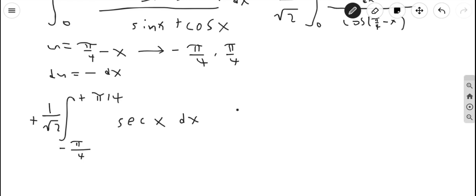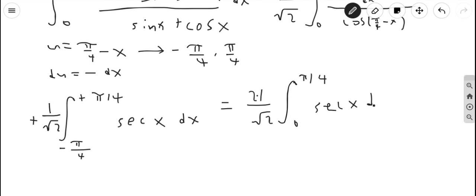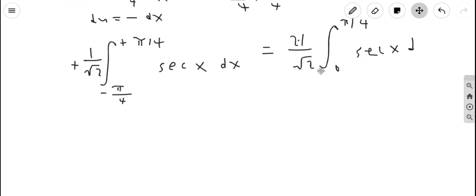So if we're integrating from negative a to a, that's going to be 2 times 1 divided by the square root of 2 times this integral from 0 to pi over 4 of secant of x dx. We can do this as long as there are no singularities between negative pi over 4 and pi over 4, and because secant of x is an even function.